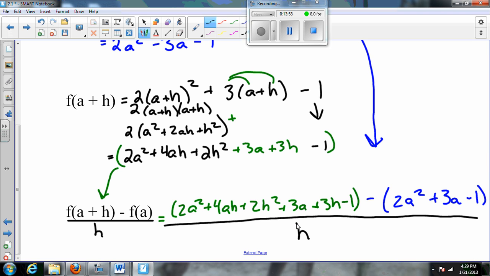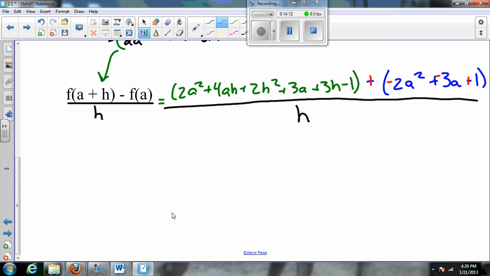So, next, let's distribute the negative to the second set of parentheses. So it becomes negative 2a squared minus 3a plus 1. And let's collect like terms. So we have 2a squared and a negative 2a squared. Those cancel.